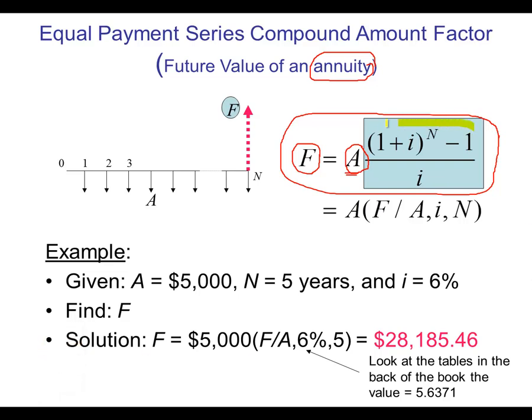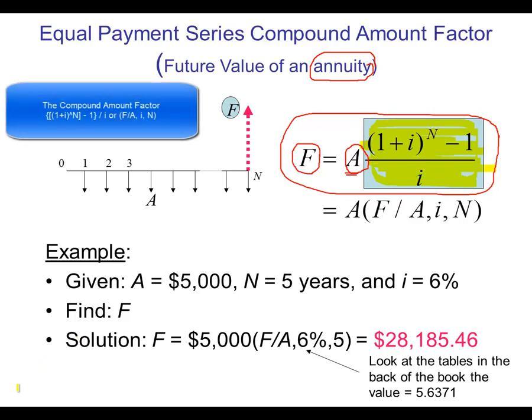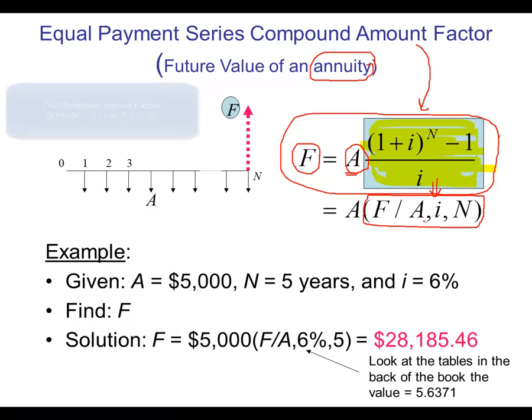I will highlight this, and this is what we call the compound amount factor in this series. So we can find the compound amount factor, which is the highlighted one, from the tables in the back.